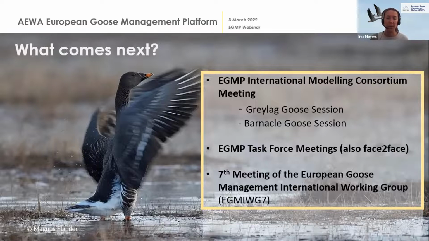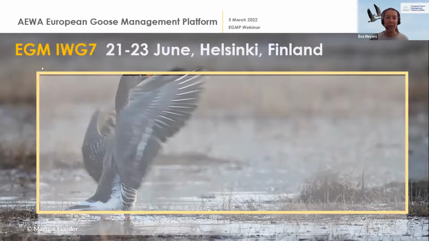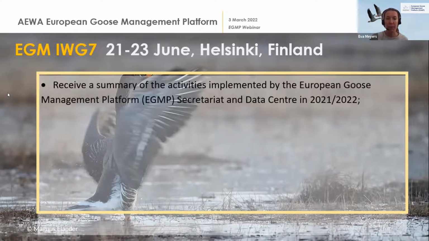So hopefully, keeping our fingers crossed, this will happen in person. The dates for this meeting have been set to the 21st and 23rd of June in Helsinki, Finland, kindly hosted by the Ministries of Environment and Agriculture. And invitations to the International Working Group are also shortly going to go out with more information.